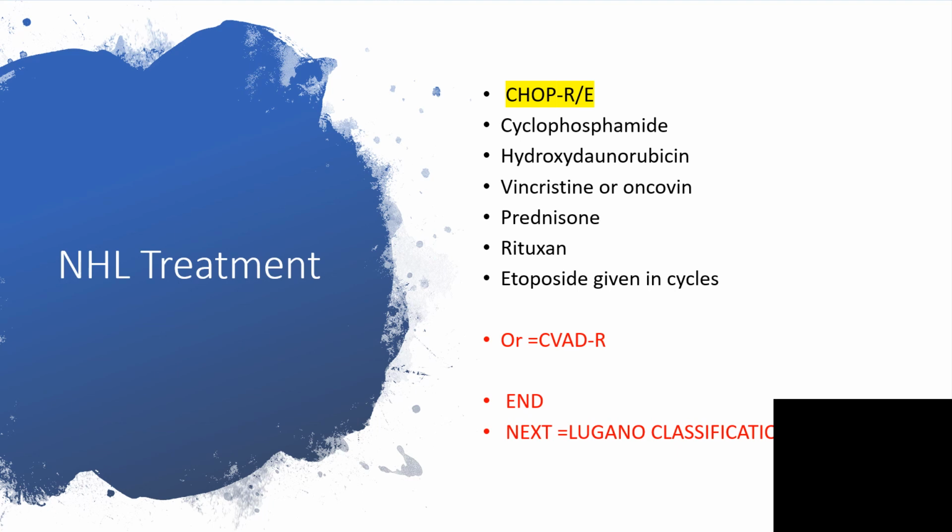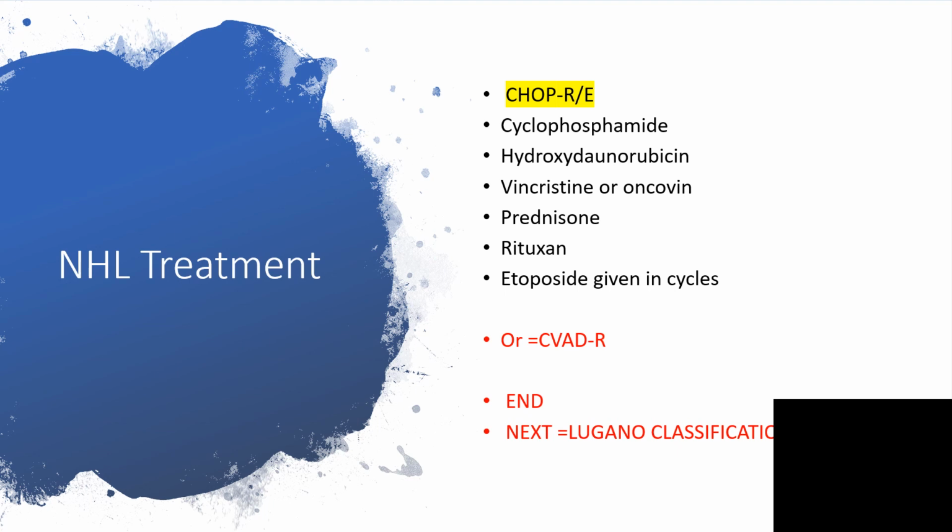So we choose from CHOP to R-CHOP, that is cyclophosphamide, hydroxydaunorubicin, Oncovin, that is vincristine, and prednisone.